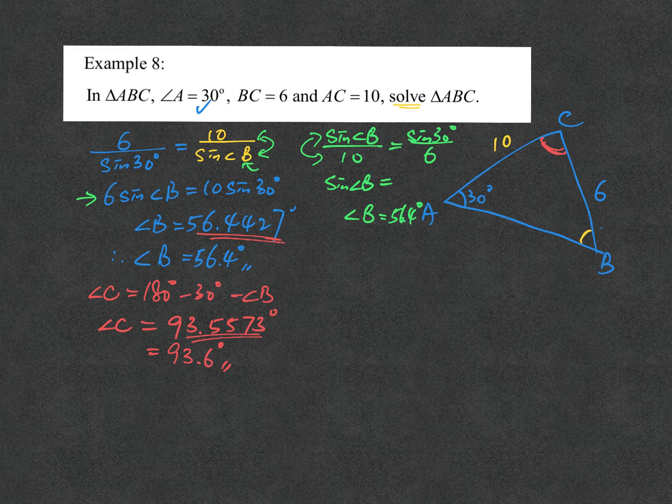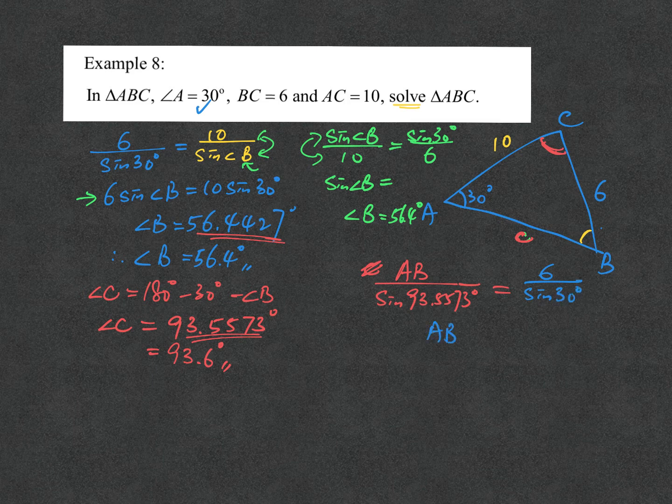Finally, we still have the length, which is called AB, which is not given. Normally we will call it c because it's opposite to angle C. I should write it in red here. So c, or maybe if you don't like it, you can write AB directly, over sine angle C, which is the long one I just mentioned, sine 93.5573 degree, equal to the pair in blue, 6 over sine 30.